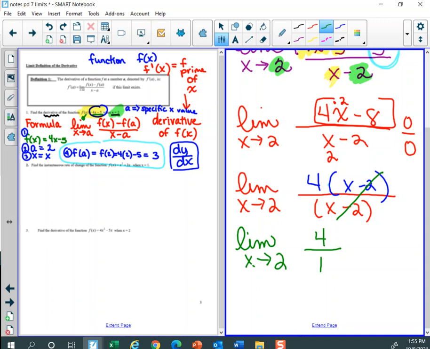It's going to leave a 1 in the denominator because all the factors are gone. The x minus 2 was the only factor down there, and it's divided out. And now we should be able to find a limit. In this particular problem, it's the limit of a whole number. So the limit of a 4 is just 4.